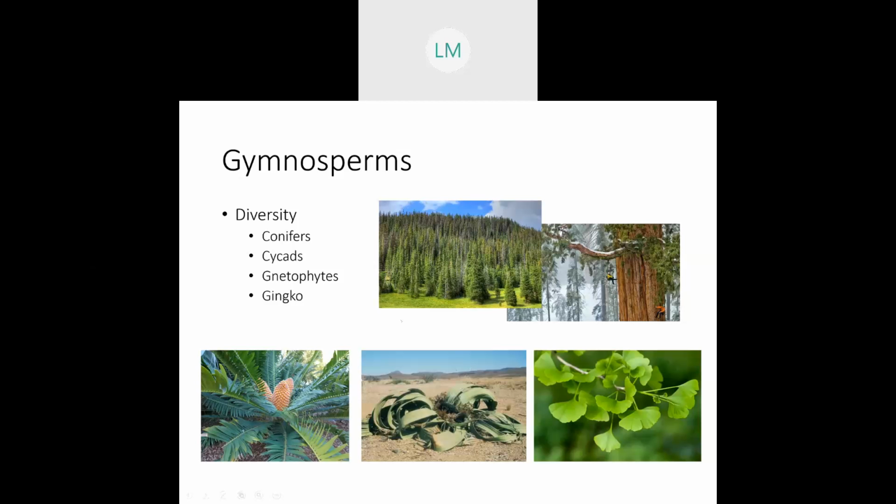And then we also have ginkgo. So ginkgo is in a family all by itself. It's just this one species, which is very unusual for a family to only consist of one species. Generally, it's many species belonging to many genera, right? But it's just this one species of ginkgo. They have these really unique types of leaves here.